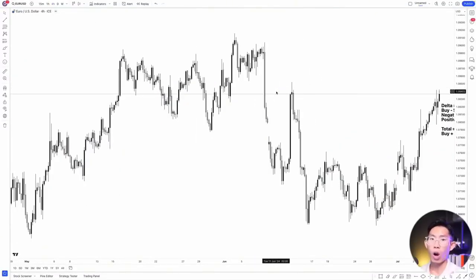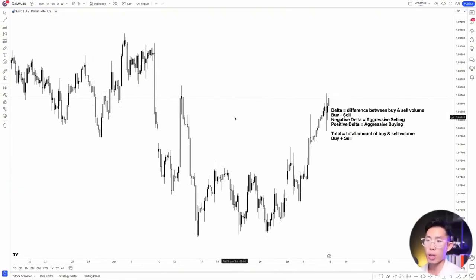How I trade is that I always like to build the higher time frame narrative first. That means I need to understand who is in control of price on the higher time frame. To do that, I don't need to look at footprint charts and confuse myself. I just look at candlestick charts, analyze the price action, and look at the market structure to see whether price is in bullish or bearish order flow.